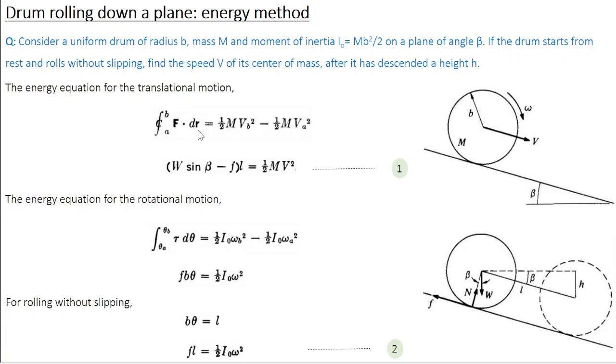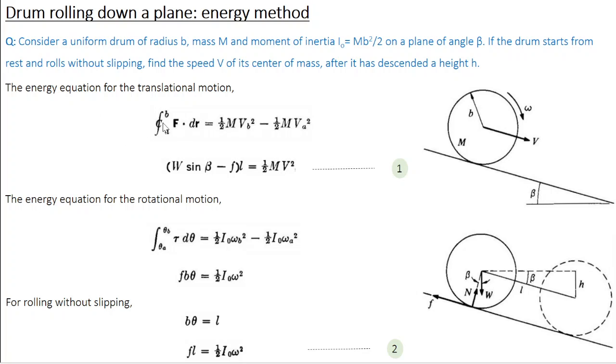Integral A to B of F dot dr equal to half m V_B square minus half m V_A square. Let's calculate the right hand side first. V_A is the velocity at the initial position. We know that the drum starts from rest, so V_A equal to 0. V_B is the final velocity, capital V, so the right hand side is half m V square.